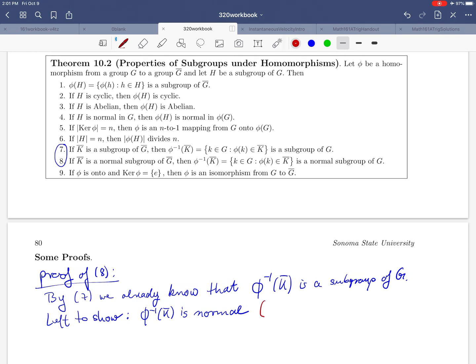Now, how do you show something like that? How do you show that a subgroup is normal? We have theorem 9.1, and that was the normal subgroup test.